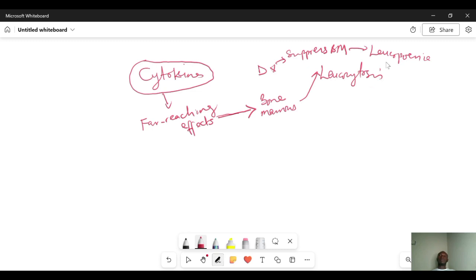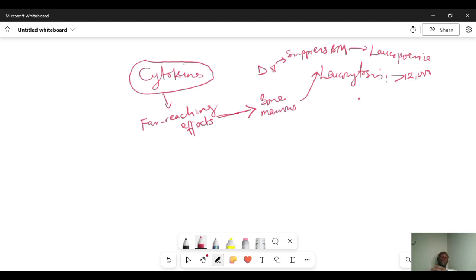So this is why in sepsis leukocytosis or leukopenia can be seen. Leukocytosis here is white cell counts greater than 12,000 times 10 to the power 6 per liter, or of course leukopenia less than 4,000. So this is one of the things due to the bone marrow, leukocytosis or leukopenia.